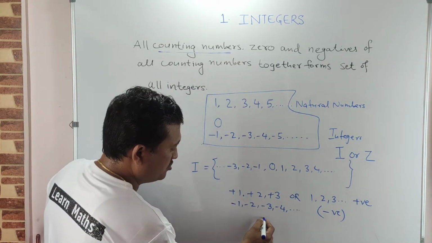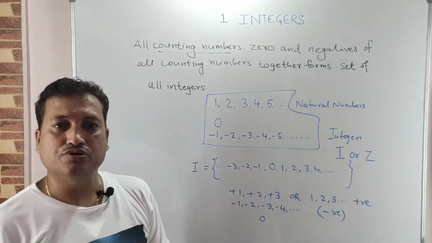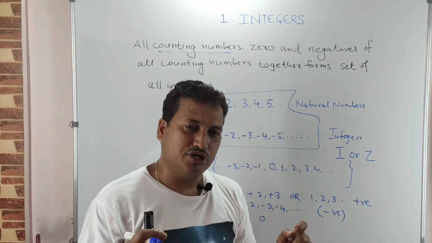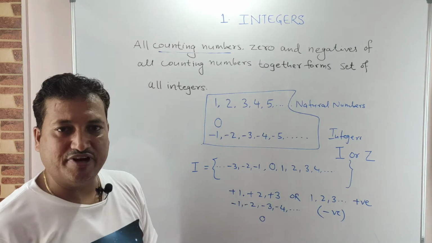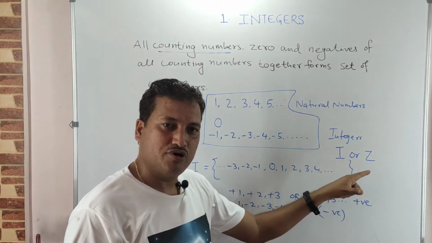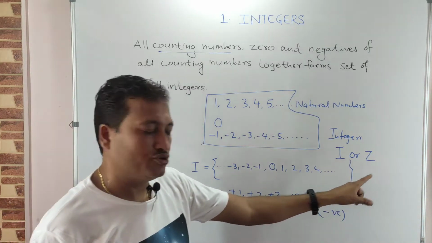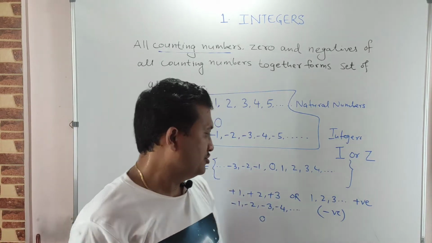And 0 is an integer which is neither positive nor negative. 0 एक ऐसा इंटीजर है ना तो वो पॉजिटिव है ना तो वो नेगेटिव है. So there are 3 types of integers: positive integers +1, +2, +3, +4 and so on, negative integers -1, -2, -3, -4 and so on, and 0 which is neither positive nor negative.